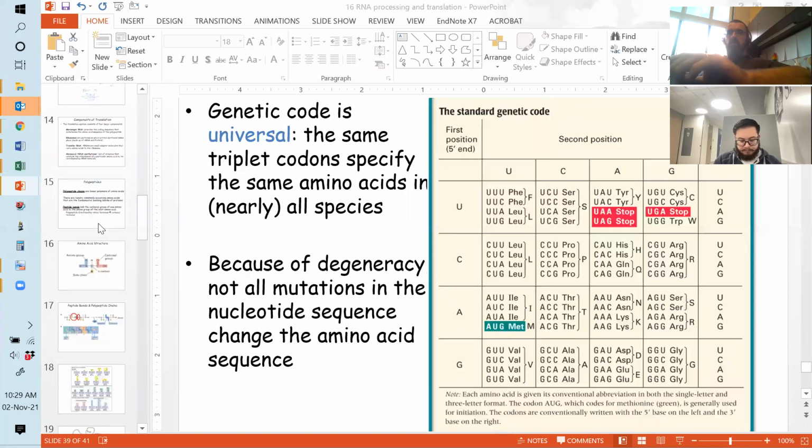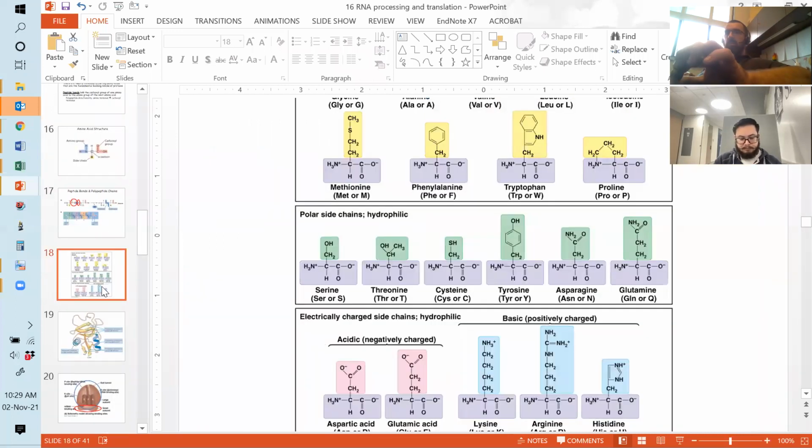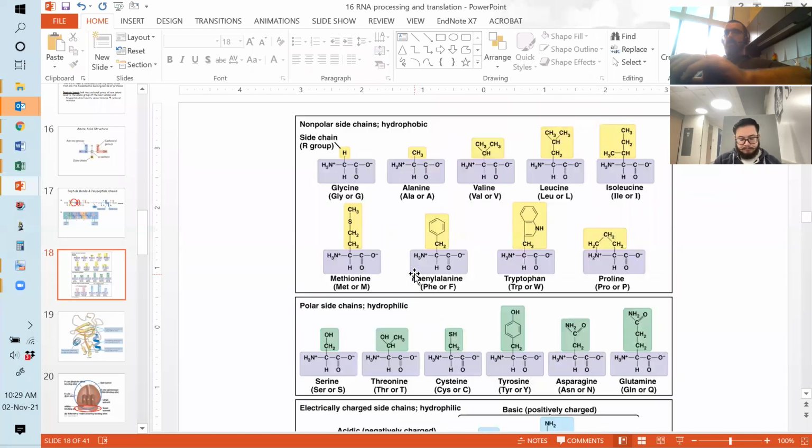Let's see, can I go all the way back up here? So proline from memory is hydrophobic. Oh yeah, there we go. It's actually kind of a funky looking amino acid, right? So if this is changed from a proline to a serine, cysteine. That's what I was talking about. Oh, cysteine, here we go.